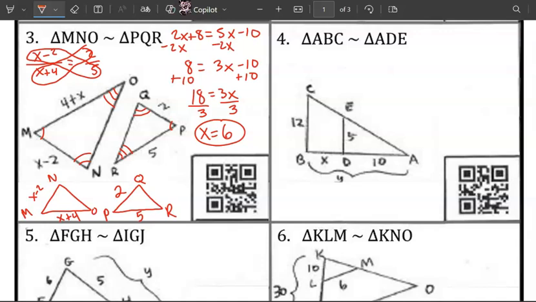On the next one, we have a triangle within another triangle. We have ABC is similar to ADE. Let's draw our two triangles.